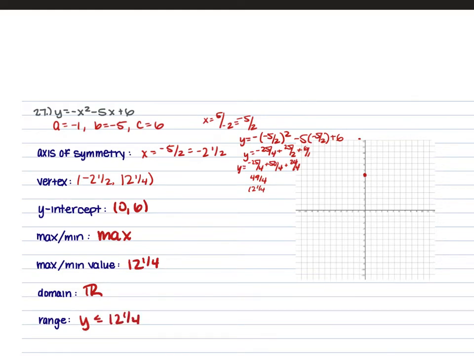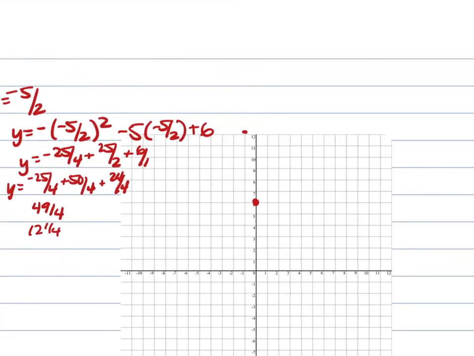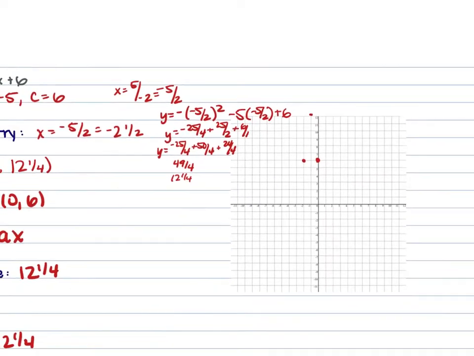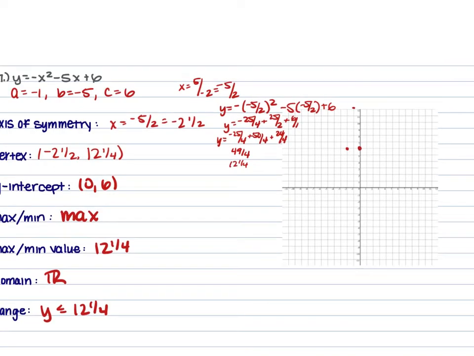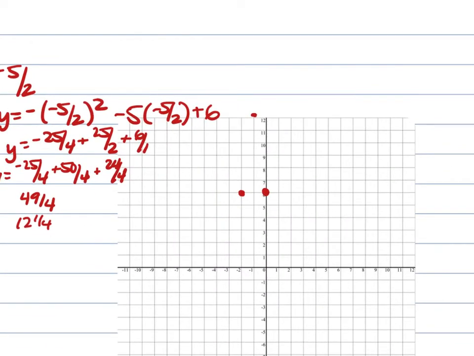So this is also going to give us the ordered pair of, since it was 0, we're going to have negative 2, 6. Oops, how did this work? 2.5, not 1. Okay, let's redo this.